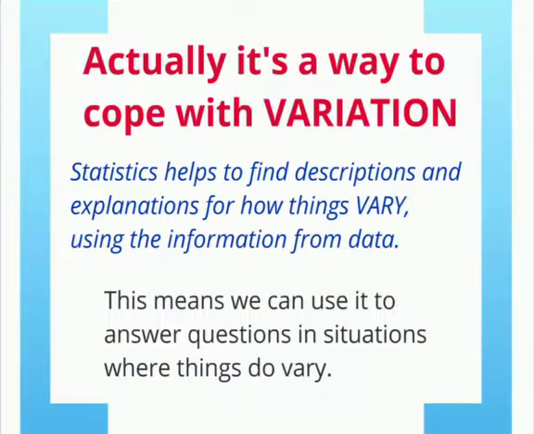Or possibly just theoretically describing how things vary. That's what theoretical statistics is for. So that means that we can use the whole field of statistics in places where things do vary. People are not always the same. The same person is not always the same. If you measure the same thing on them multiple times, you'll get different answers. Things are not always the same when you measure them. They vary. And statistics is the science of variation.